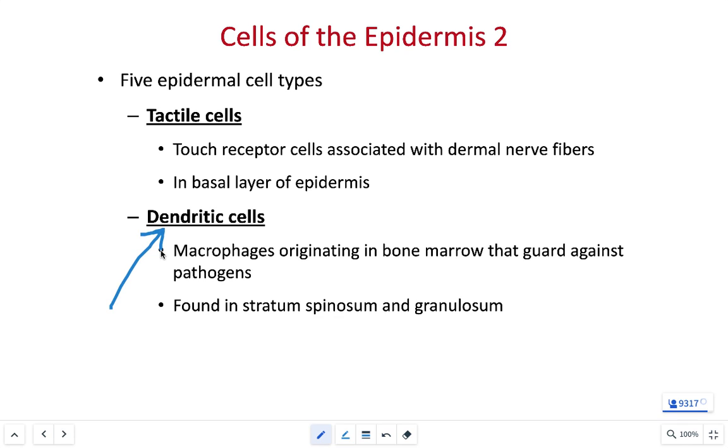If we look at the root name of the dendritic cells, it's dendrite, which refers to the branching of a tree. A dendrologist is somebody who studies trees. So these dendritic cells have lots of kind of extensions coming off their cell body that look like tree branches as they reach out in between the stratified squamous cells to phagocytize potential pathogens.